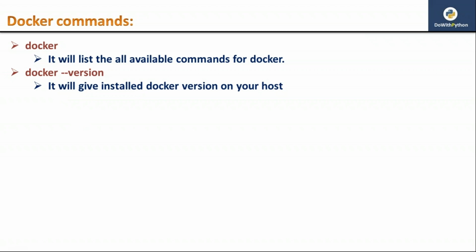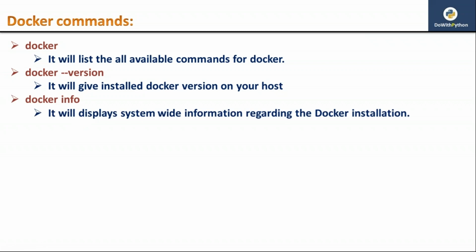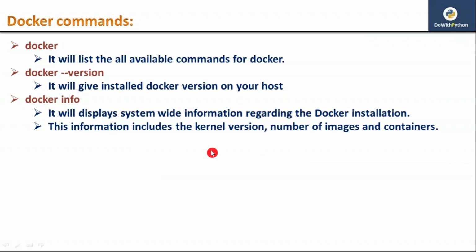Then docker info. Docker info will display system-wide information regarding the Docker installation. That information includes the kernel version, and the number of images and containers, in case you have any.